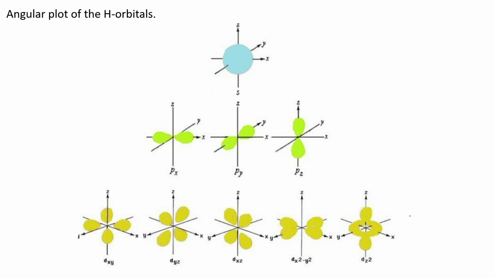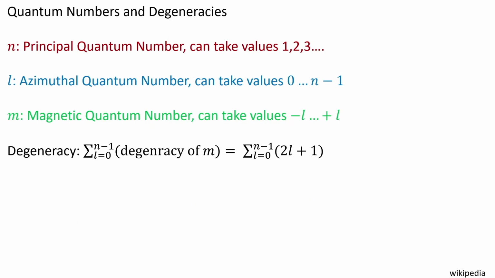This is L equal to 2, this is L equal to 1, this is L equal to 0. The multiplicity is 2L plus 1, so you get 5 for L equal to 2, 3 for L equal to 1, and so on. The S orbital is spherically symmetric, that is, the ground state has no theta and phi dependence.